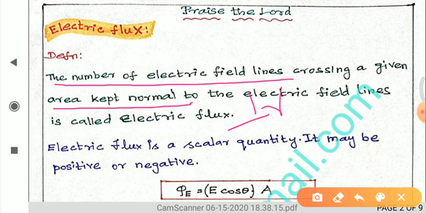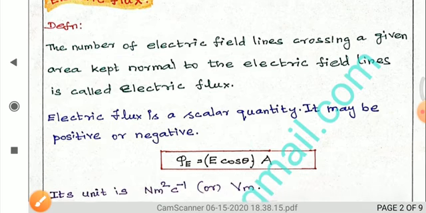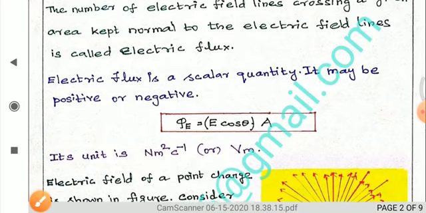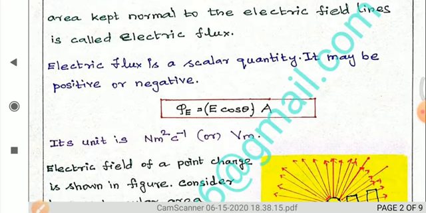From this definition we have to understand one thing: it is only the number of electric lines of force, which does not represent any direction. That's why electric flux is also called a scalar quantity.